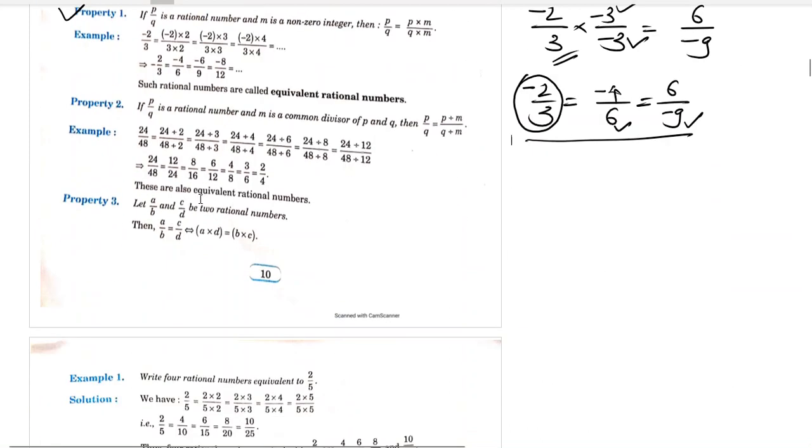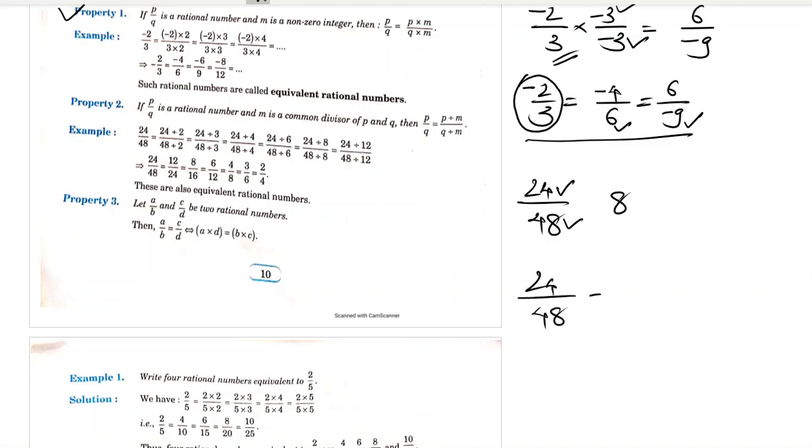Second property, if p by q is a rational number and m is a common divisor of p and q, then p by q can be written as p divided by m upon q divided by m. Suppose they have given the example of 24 upon 48. Now let's take a number 8. 8 divides 24 as well as 48. So if I write 24 upon 48 as 24 divided by 8 upon 48 divided by 8, it is not a problem.